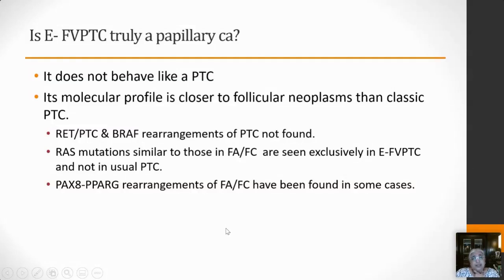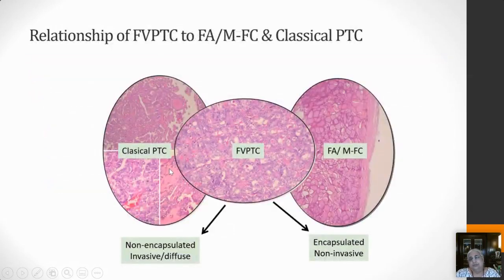So it is becoming evident that this term, papillary thyroid carcinoma, being given to the encapsulated variant, which was follicular, was not going to be tenable for long.